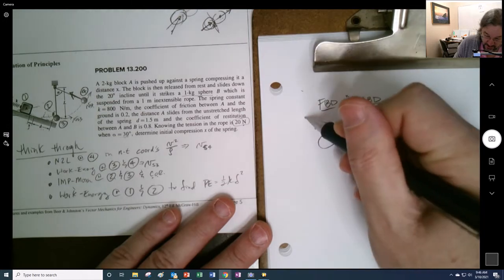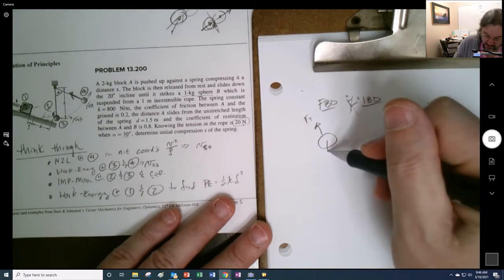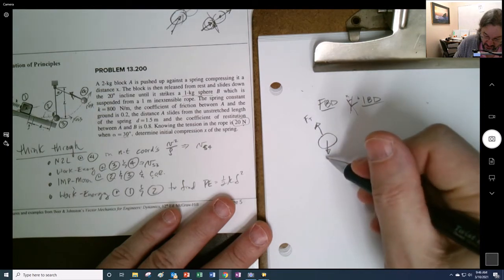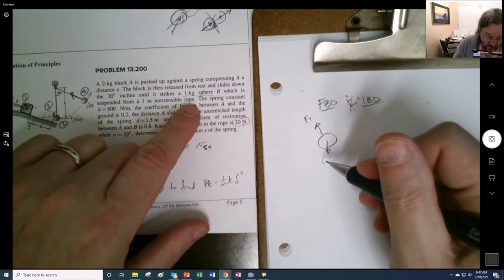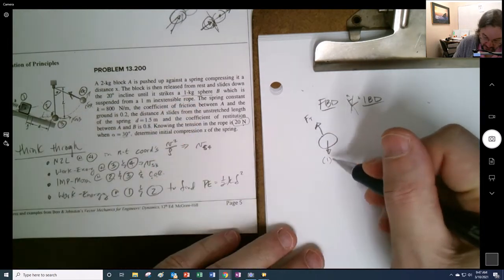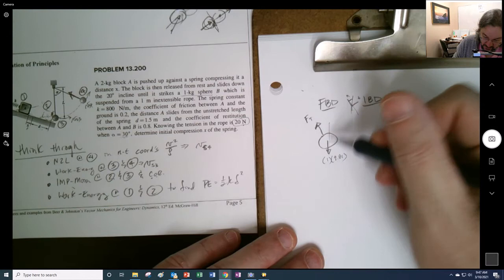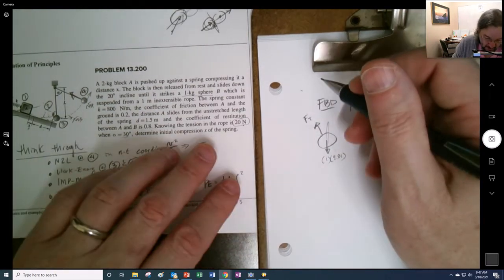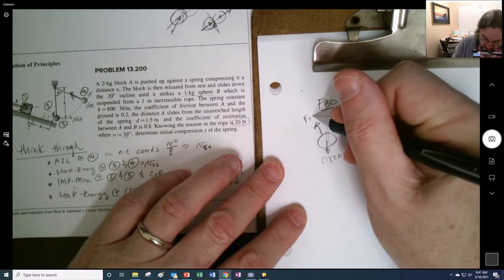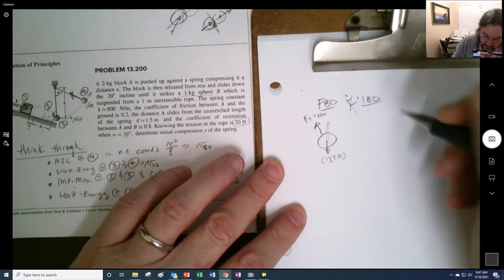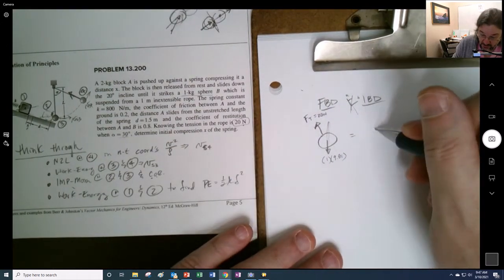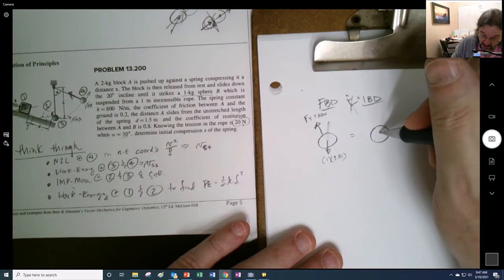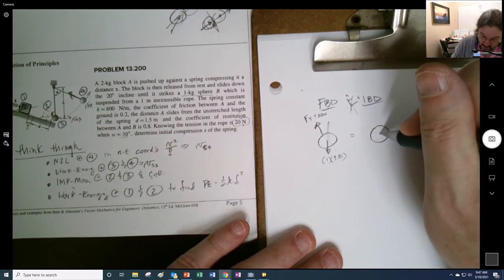And here's the tension that we happen to know. Here's the gravity that's working against us. So that's going to be 1 kilogram times 9.81. And our Ft, we were told, is 20 newtons right here. So that's 20 newtons that's taking place. And this is going to be equal to, and we don't know the acceleration.